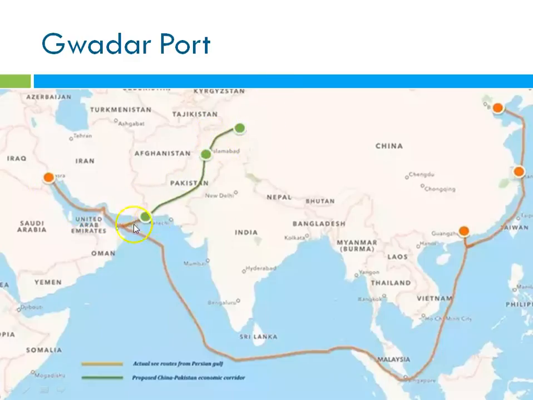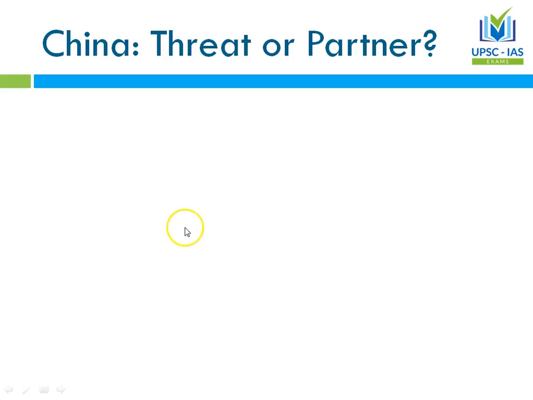And it's basically China's energy supply that is coming from this part of the world. It can be shipped till here, and from here via road and train it can directly enter China. But in China's strategy of the string of pearls, right, harassing India from this part, that's a strategy of China.